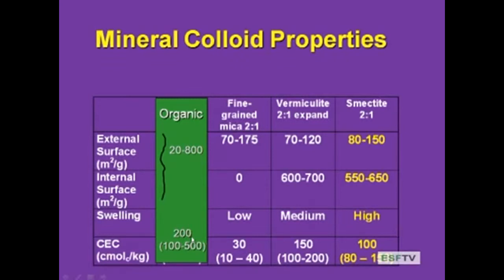So it's pretty clear that the cation exchange capacity of organic matter is much higher. A little organic matter goes a lot further than a little clay, much higher CEC. That's a pretty good thing to remember, and it really shows the importance of organic matter. We talked about the ideal soil back in our first or second lecture.